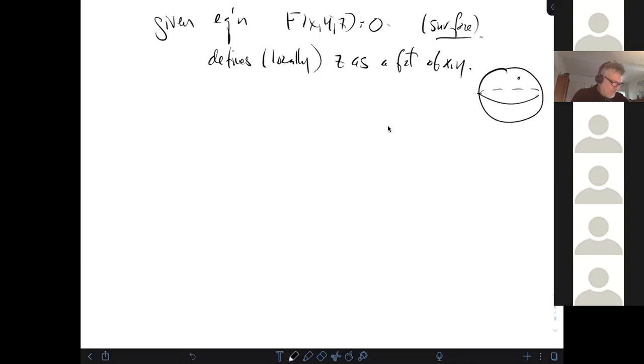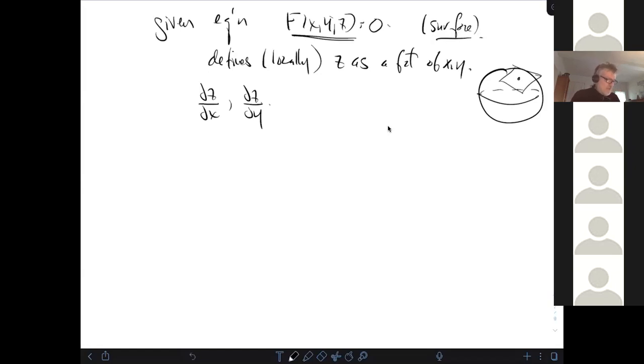If you take any point, then locally this thing is the graph of a function. So if you want the tangent plane to this, you'll need the partial derivatives of this function. Since you don't know z explicitly, you need to use the equation itself to find these values.